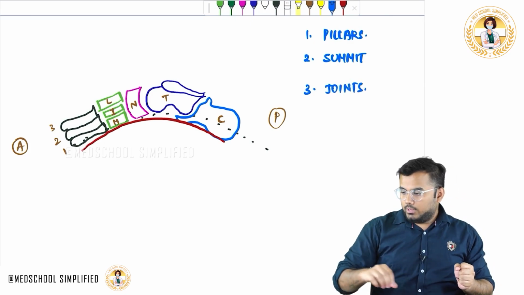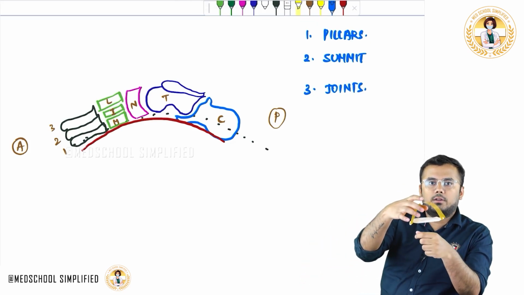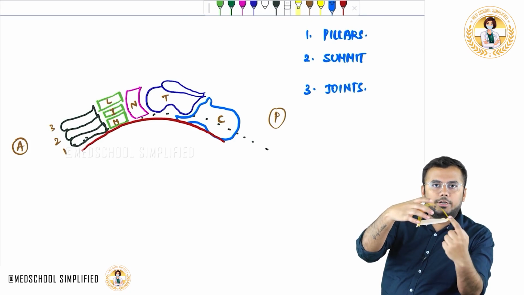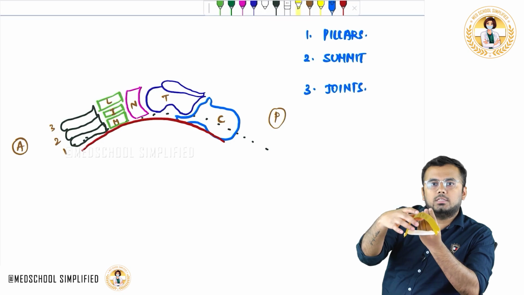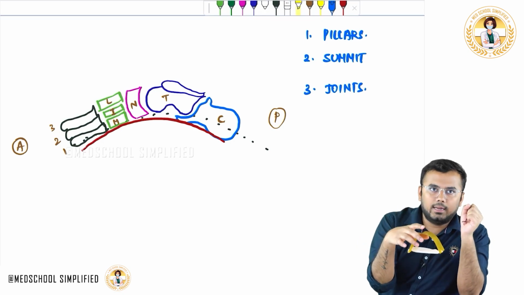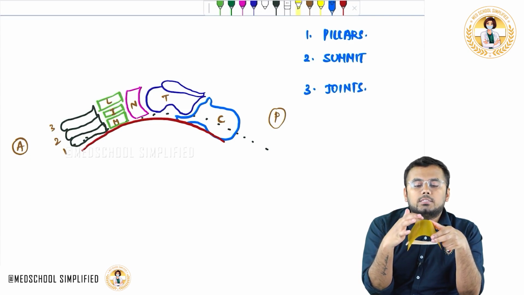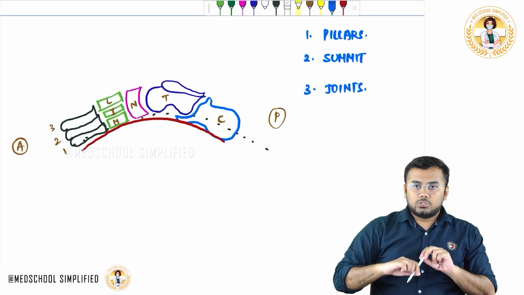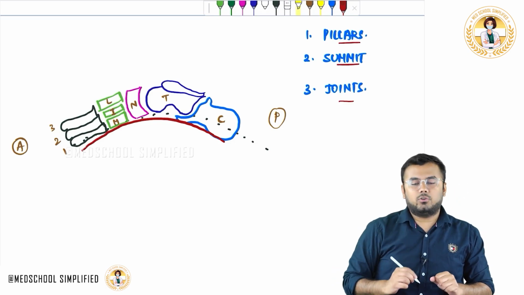This is the arch over here. As I already told you, the arch you are seeing from the lateral side is the lateral longitudinal arch, and this which is towards me is called the medial longitudinal arch. I told you that there is a bone located here, and this is called the keystone bone. So we have got the pillars, the summit, as well as the joints.